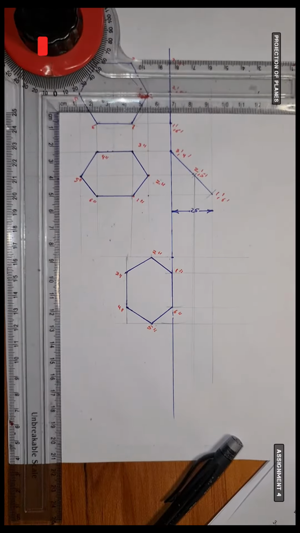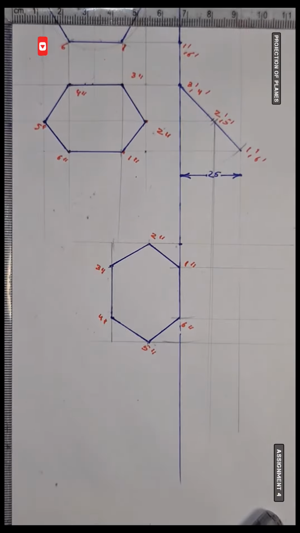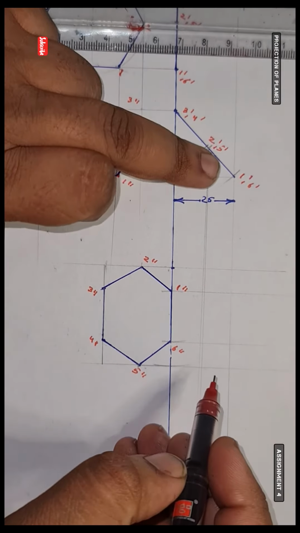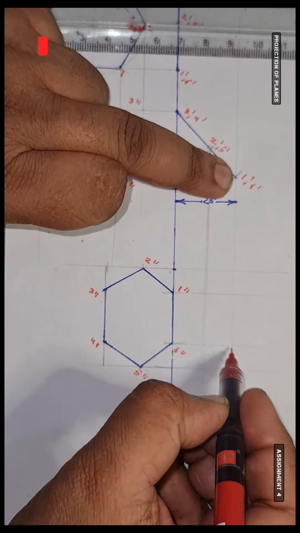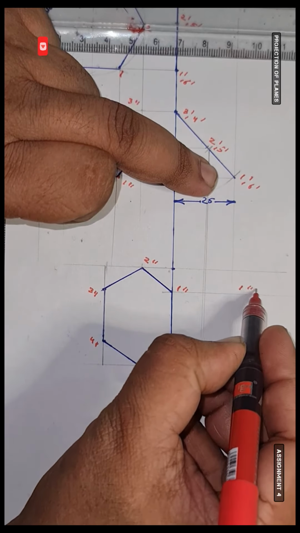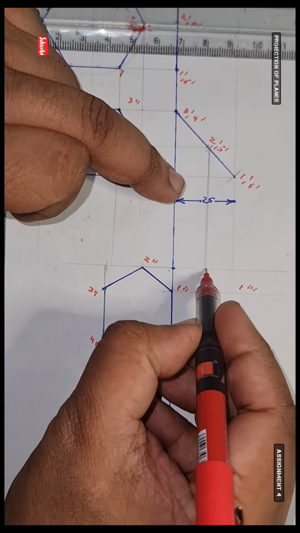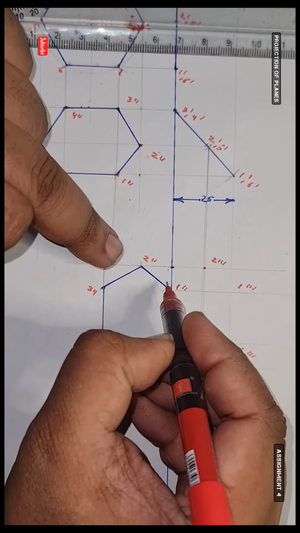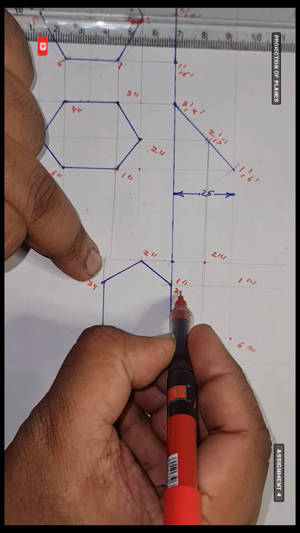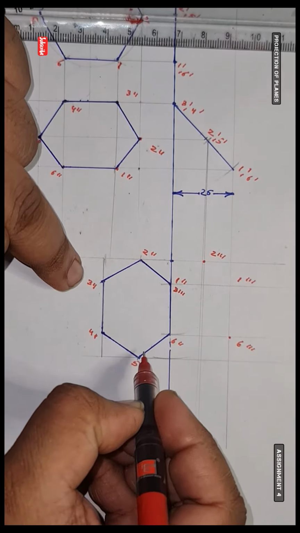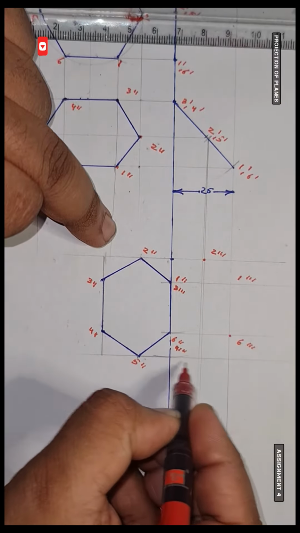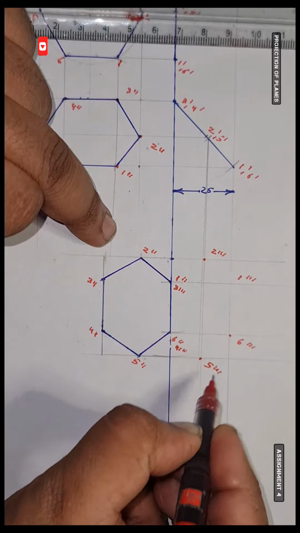So you can see this is 6, this is 6 triple dash, this is 1, this is 1 triple dash, this is 2, this is 2 triple dash, this is 3, this is 3 triple dash, where 3 and 1 collide over here, and 4, this is 4 triple dash, same thing, and this is 5 triple dash.